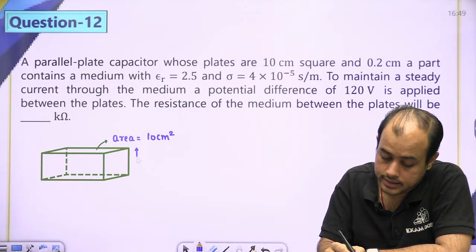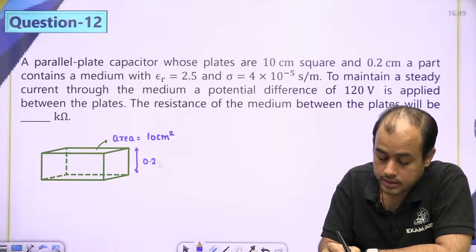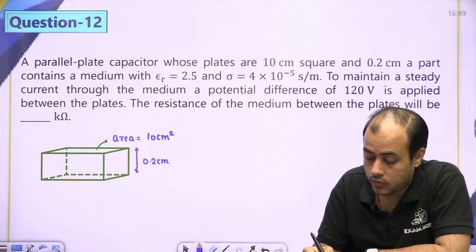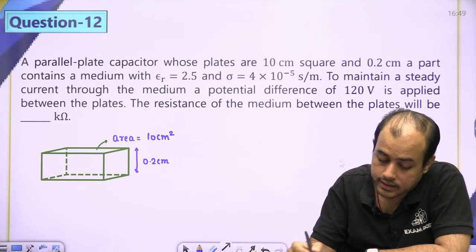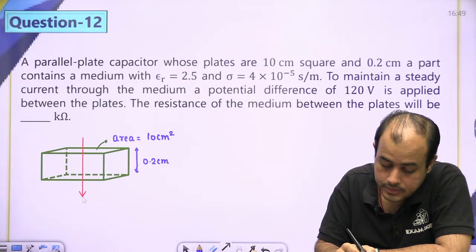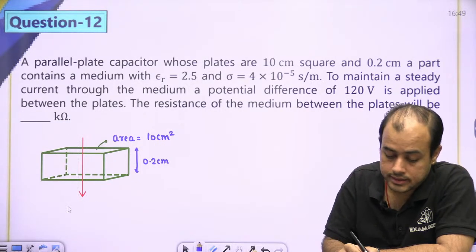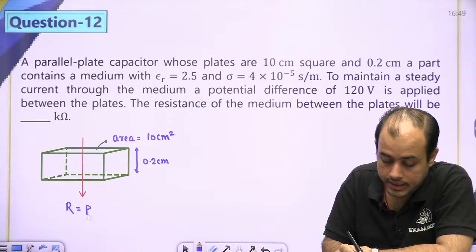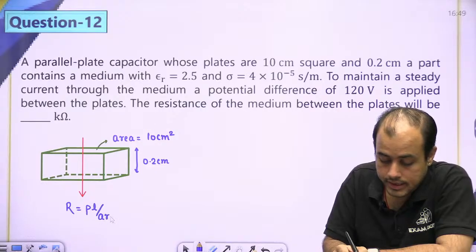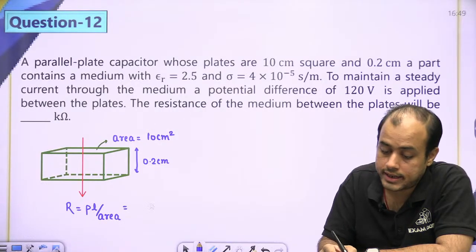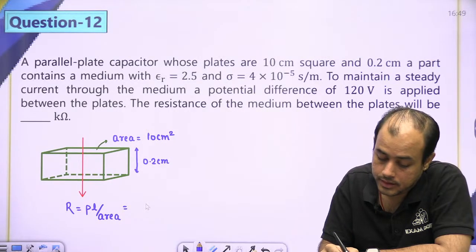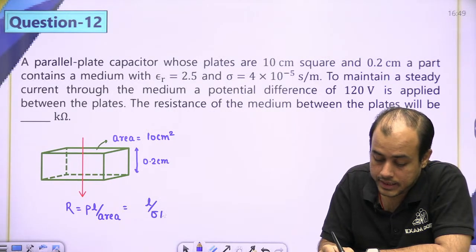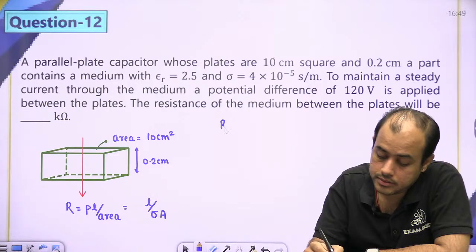And this thickness is 0.2 centimeter. Now, how will the current flow through the dielectric, beta? Like this. So, when you take the resistance, it is rho L by area, where area is perpendicular to current direction. Okay.